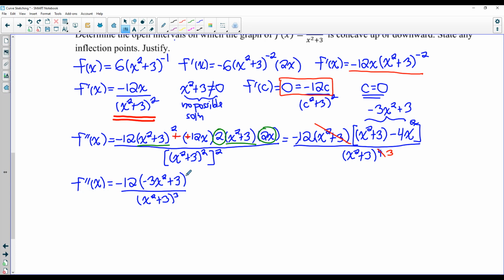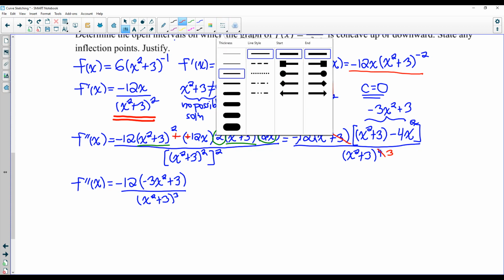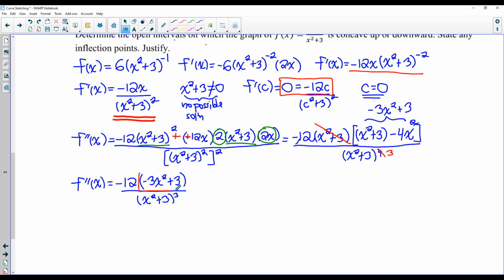And then out of here, you can pull out a negative 3. So out of the top here, I can pull out a negative 3, and then this would be equal to negative 12, pull out the negative 3, and then in brackets, I would be left with x squared minus 1, all divided by x squared plus 3, all cubed.